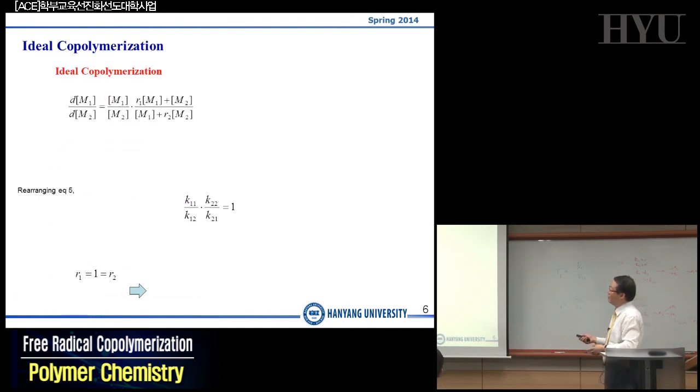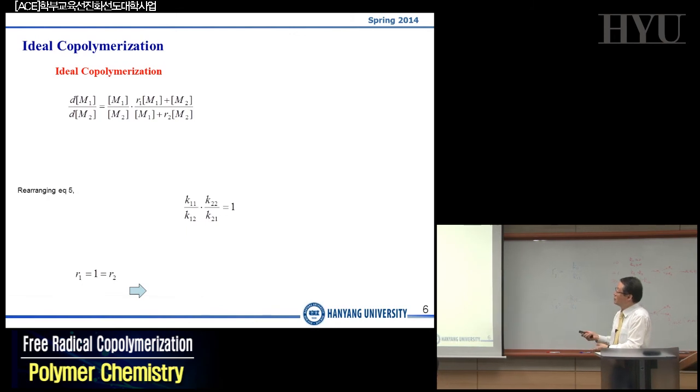Now, if you remember, this is the copolymer equation in a different form. dM1 over dM2 is m1 over m2 times r1 times m1 plus m2, divided by m1 plus r2 times m2. If you go back to your copolymer equation, equation number 2, this is the different form of the copolymer equation.